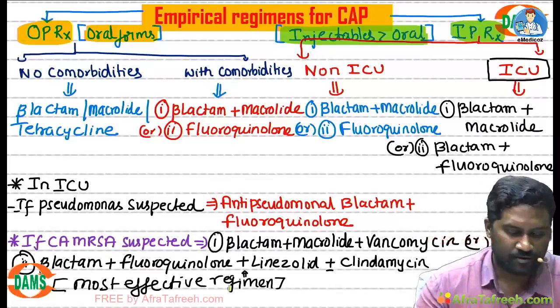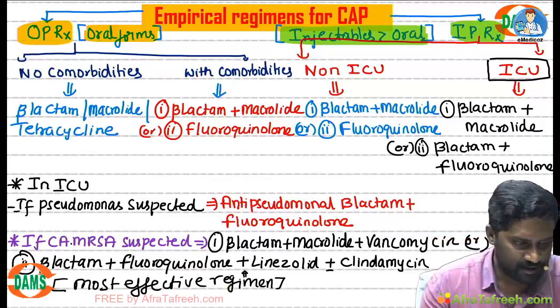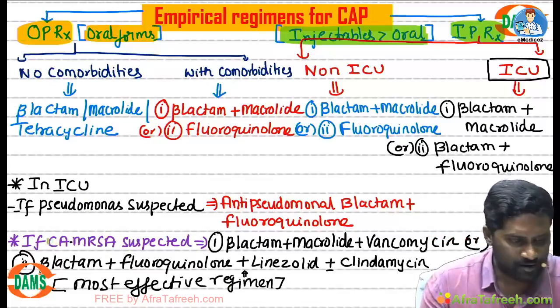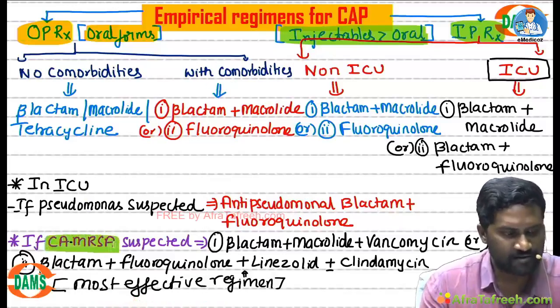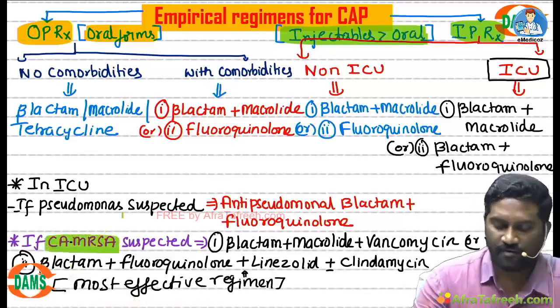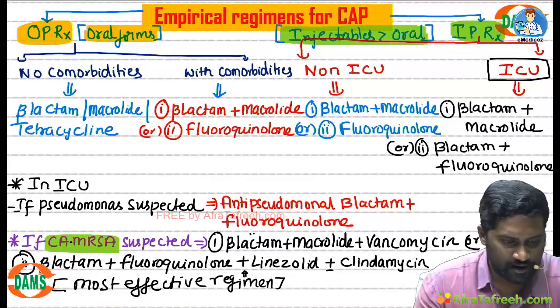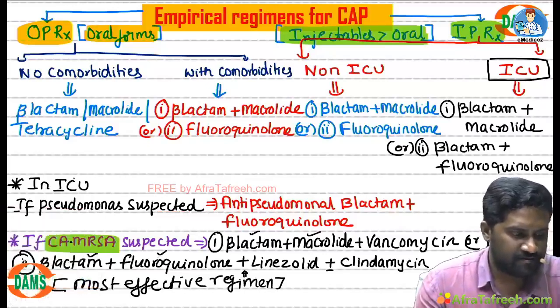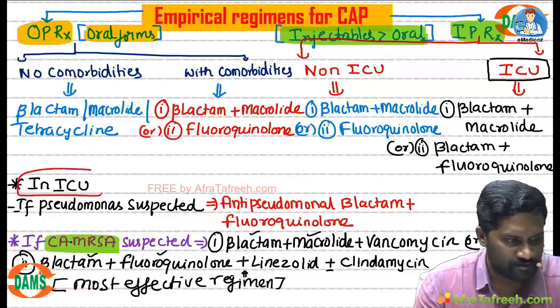Now, you should get a doubt. You are suspecting it to be community acquired methicillin resistant staph aureus. Then why are you giving beta-lactam macrolide, beta-lactam fluoroquinolone? What is the reason behind this? See, this patient is in ICU.